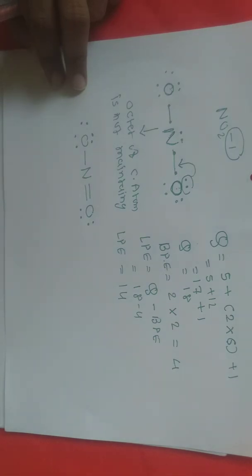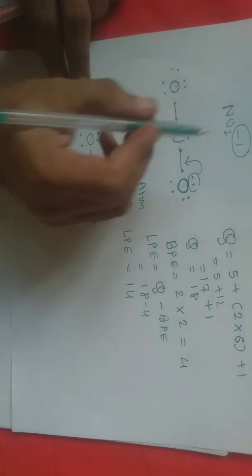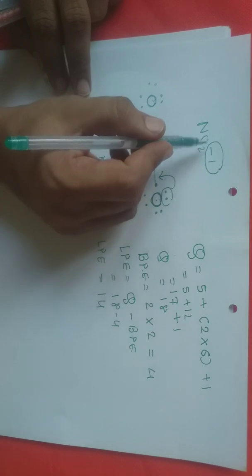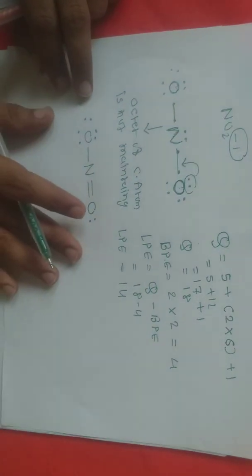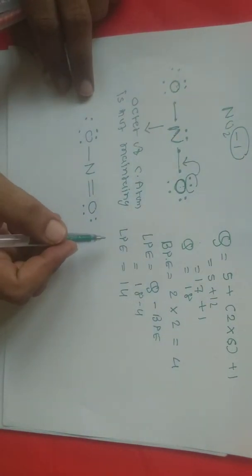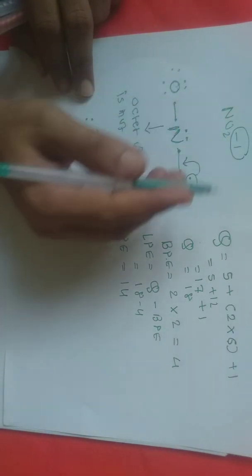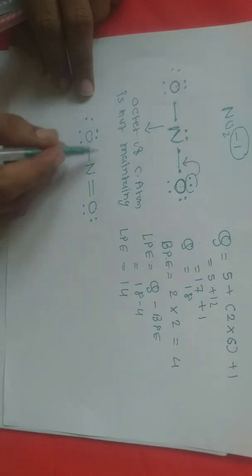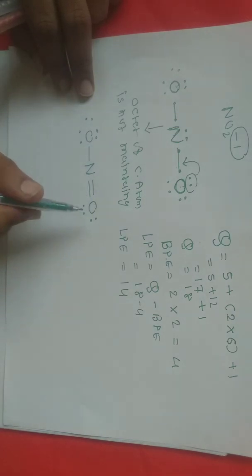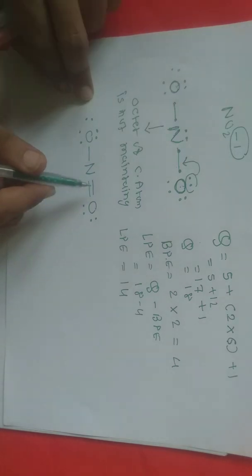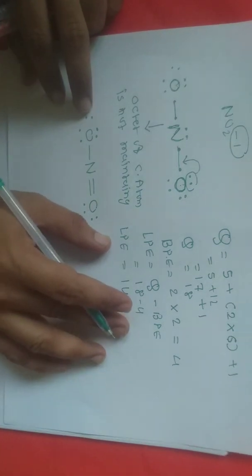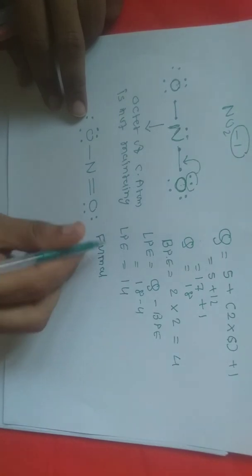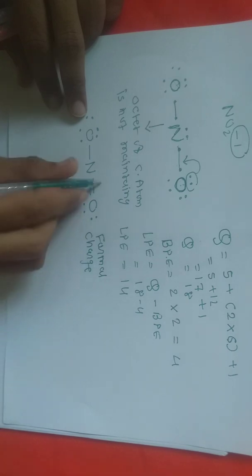Now in a polyatomic molecule, we have written that a -1 charge is there. Now the question arises, where do I put this -1 charge among all these 3 atoms? I can put it here, here or here. That's a confusion. In that case, your concept of formal charge will help you know where to put the negative charge.